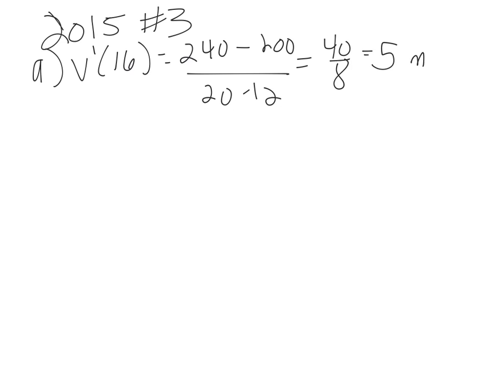And we cannot forget our units. Now, the units in this look like acceleration because the derivative of velocity is acceleration. So your units for this problem should be meters per minute squared.